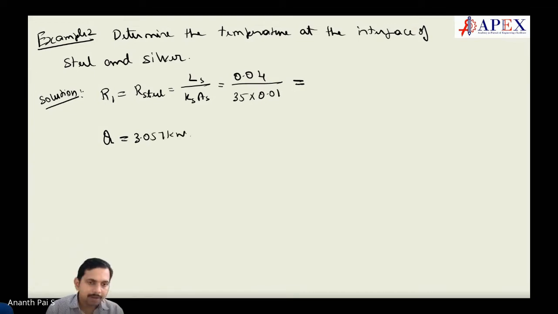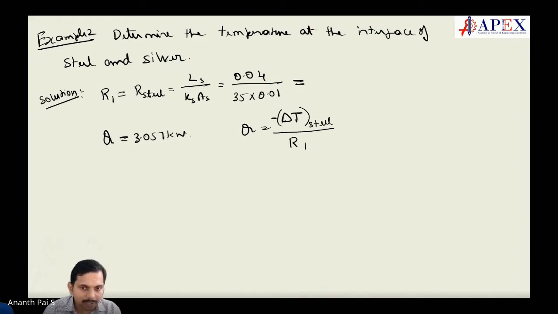Correct. Now, if Q is that, so Q is equal to delta T at the steel and silver interface, that is, delta T on the steel side only, divided by R steel or R1.